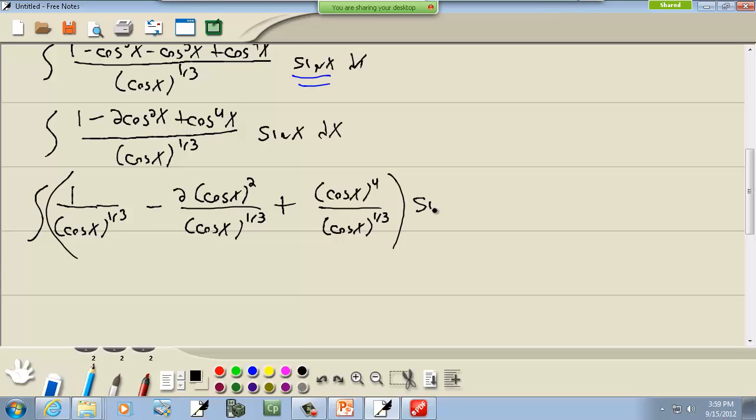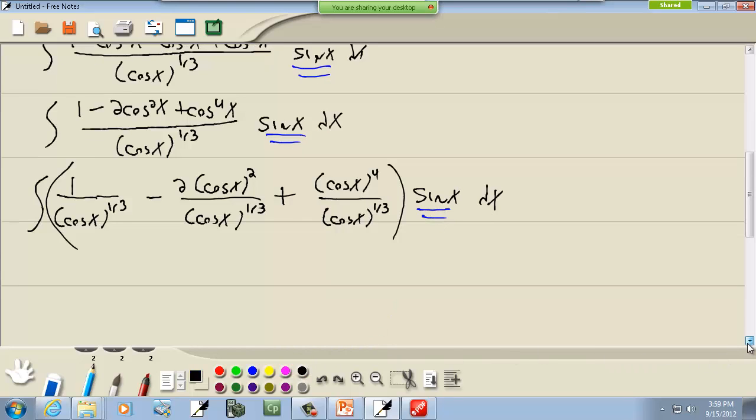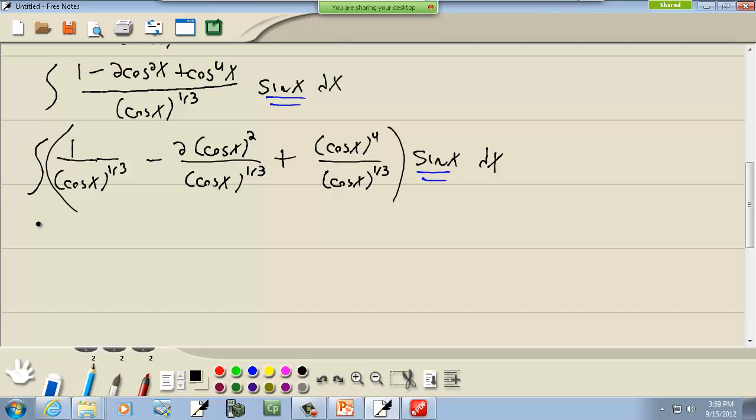And I still have my sine x over here that I've saved. Well, this one right here I could rewrite as cosine x to the negative 1/3. If you have something to a power down in the denominator, you can take it up on top and the sign of the exponent changes.